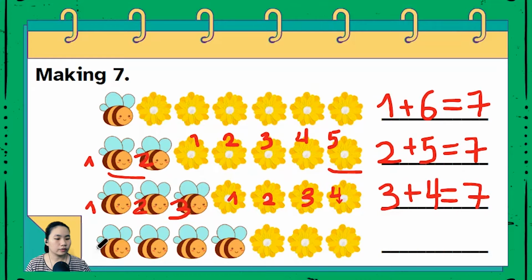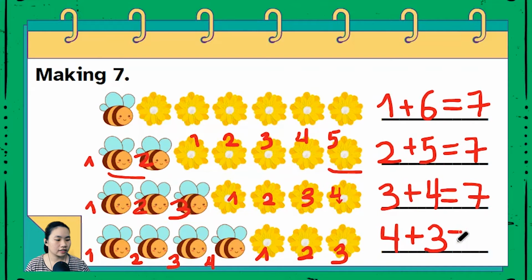Now, this last row, 1, 2, 3, 4 bees, so I'm going to write the number 4 over here, plus 1, 2, and 3. Okay, 4 plus 3 equals 7. We have 4 plus 3, and we have 3 plus 4 over here. They are the same thing. So what is the sum down here? 7. Okay, it is 7.